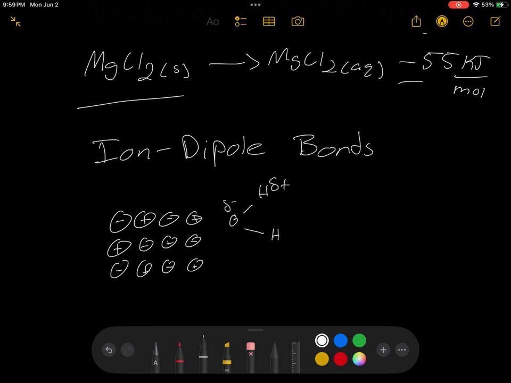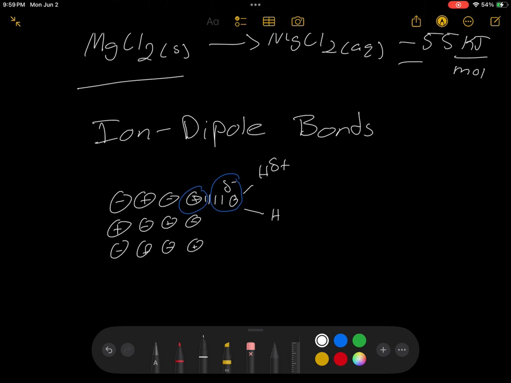And the idea of an ion dipole bond is that this negative dipole of oxygen actually bonds to a positive ion of our lattice. So we can draw a little bond, like that, and vice versa. Actually, I'll draw it on the other side.